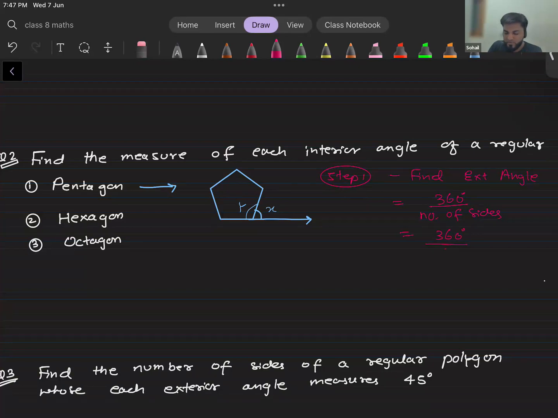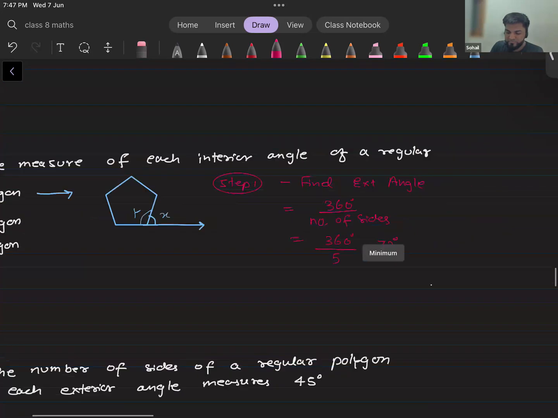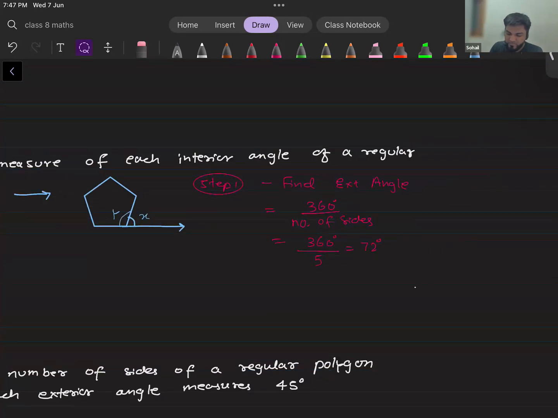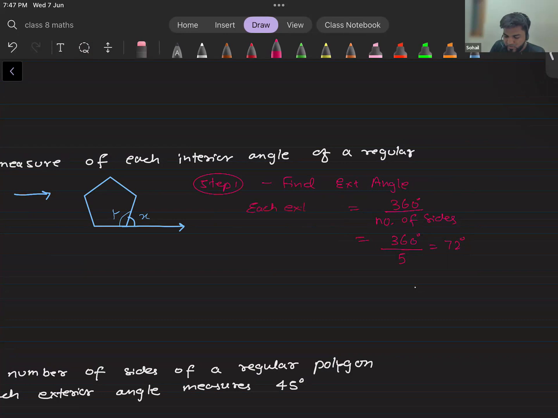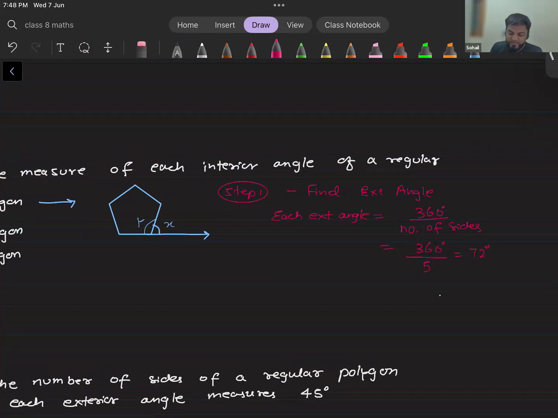Yeah. So you got 72 degree here. Right, guys? So we know that each exterior angle equals 360 degree upon the number of sides. So using this formula, we can find out the exterior angle. So this x here we found out to be 72 degree.